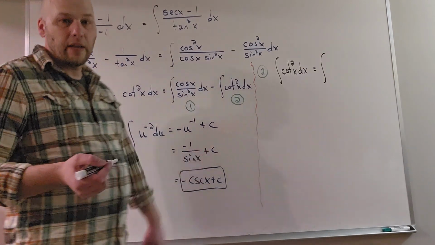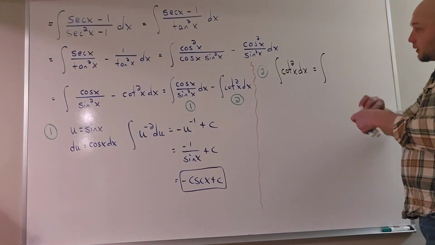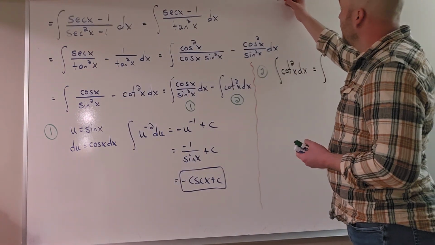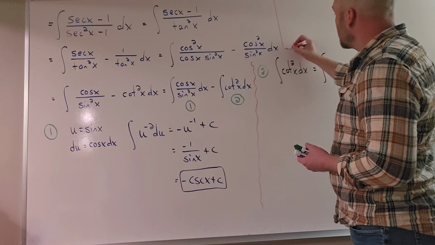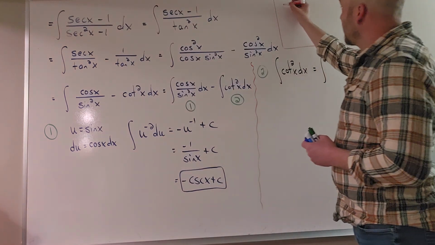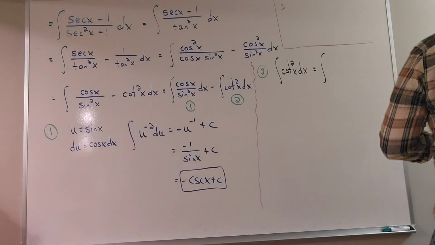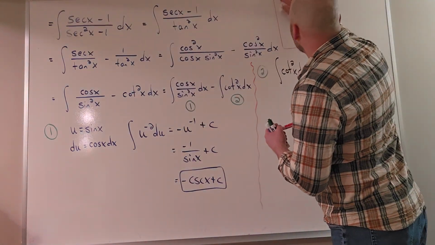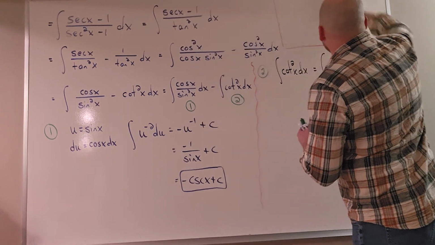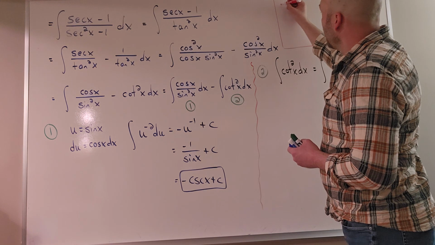So what Pythagorean identity gives me a cotangent? If you forget which one it is, start with the fundamental Pythagorean identity.